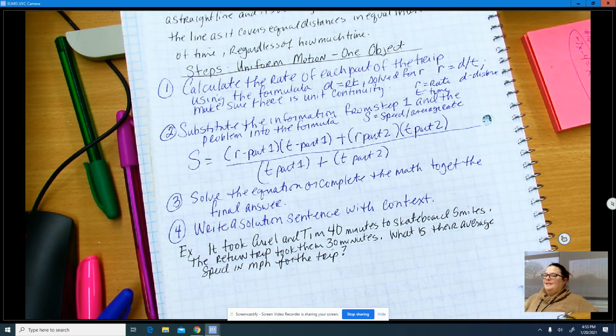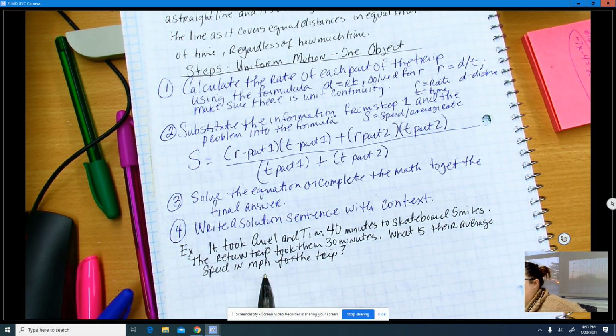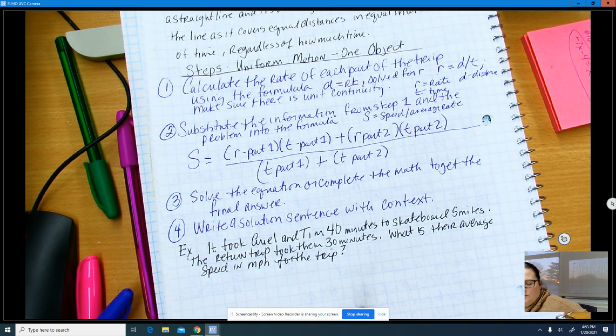And that rate is distance divided by time. Now, continuity of units. They give us information using minutes, but we have to state our answer in hours. Okay? So the first thing I'm going to do is convert these minutes to hours.